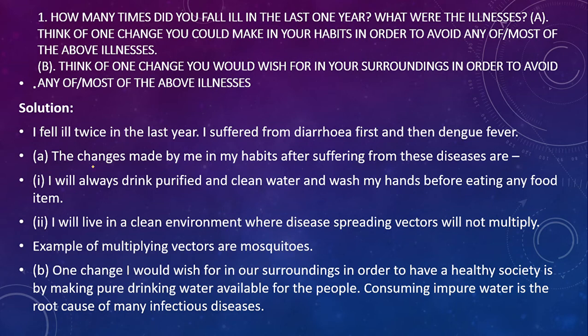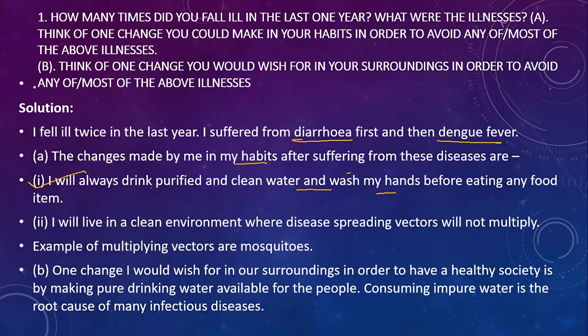So I fell ill twice in the last year. I suffered from diarrhea and then dengue fever. The changes made by me in my habits: when you were ill, you must have made some changes in that period, right? After suffering from this disease, I will always drink purified and clean water and wash my hands before and after eating.